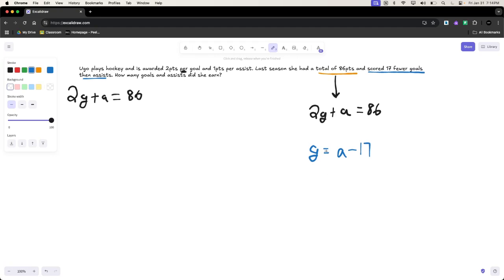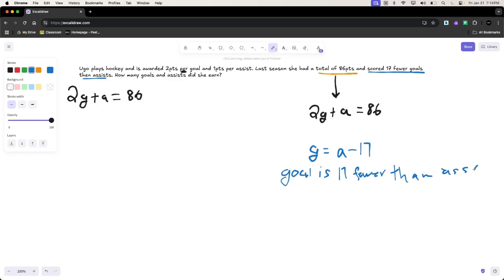Now, what this means is that goals is, right? So I'm kind of translating it from mathematical expressions to English so it's easier. So all I'm saying here is that goal is 17 fewer than assists.